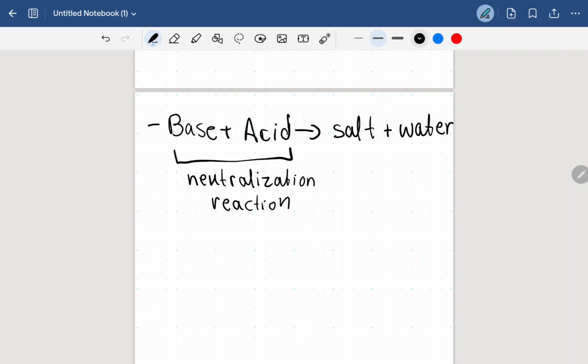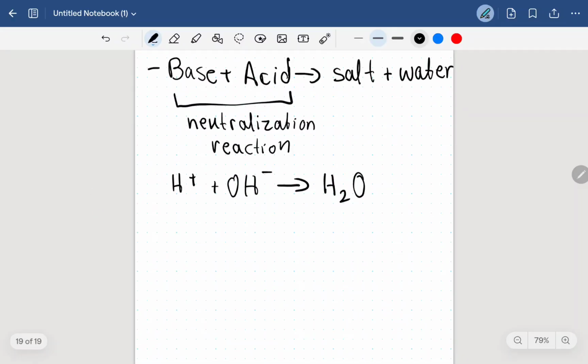And when you have a strong acid with a strong base, your neutralization reaction is always H plus plus OH minus makes H2O.